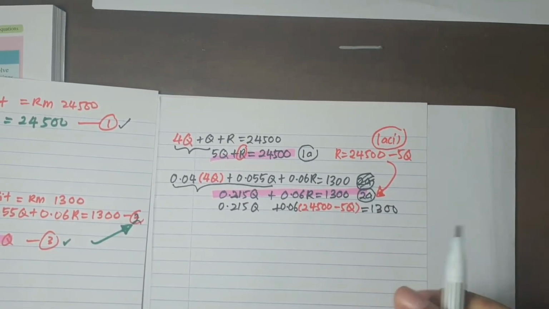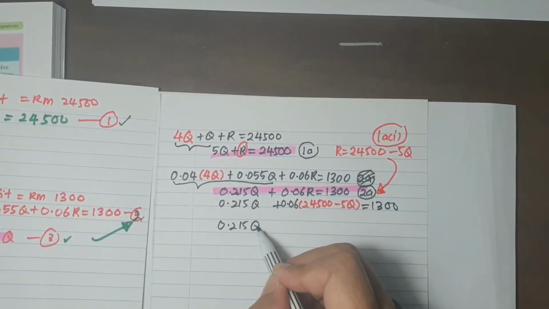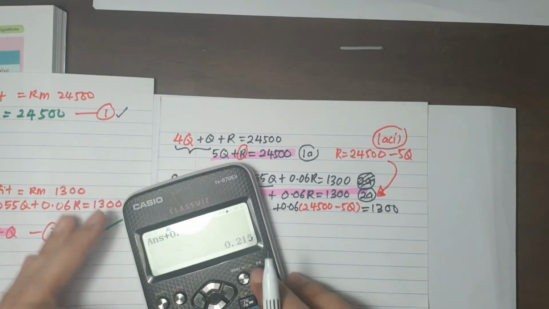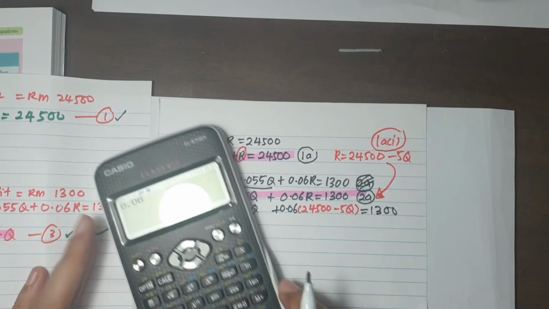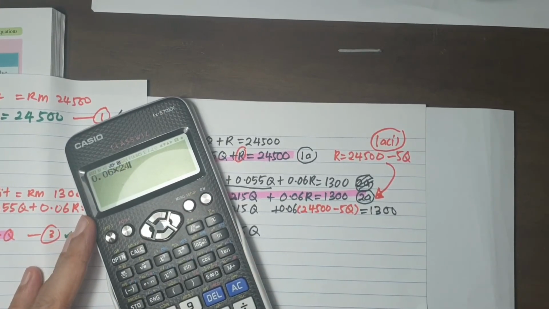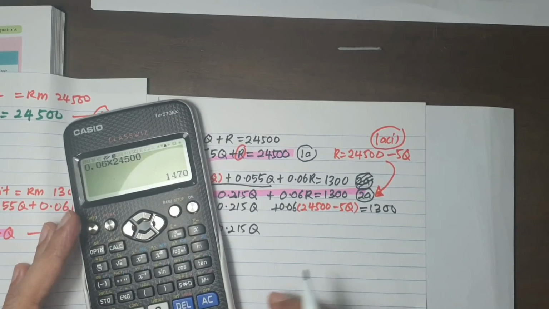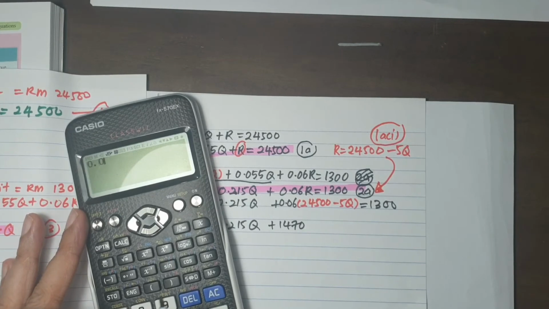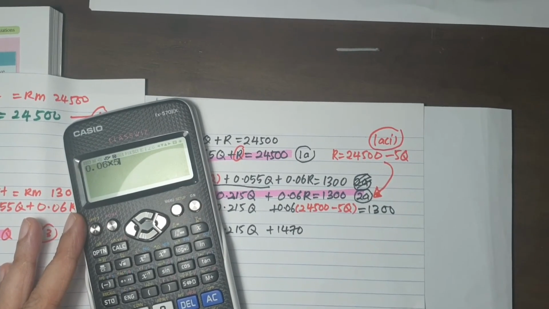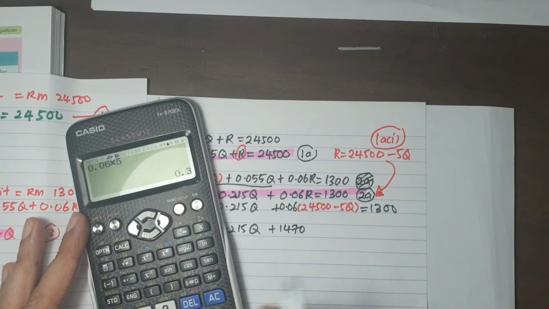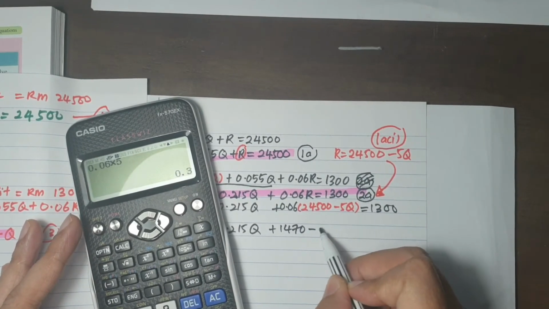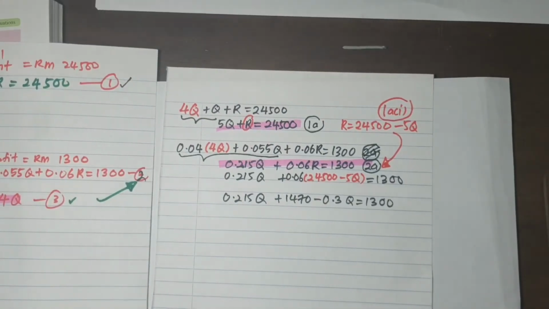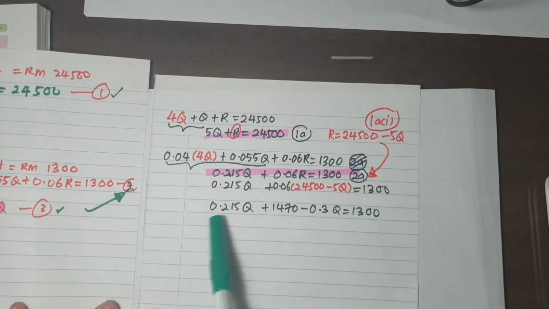Okay, this one, let's expand it first. 0.06 times 24,500 is 1,470. 0.06 times 5 is 0.3, but here negative, 0.3Q. Next, you can use your calculator. You can key in all this in your calculator.